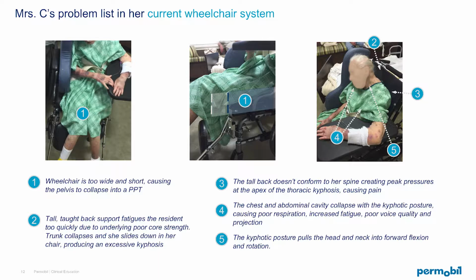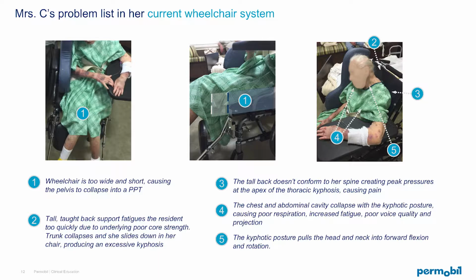The second issue has to do with the back support. I always talk in my courses about the importance of measuring for the appropriate width and especially the appropriate height of a back support when you're trying to achieve optimal stability. The measurement should be that you get them on the mat table and measure from the top of the mat table to the top of the shoulder. Yet this back support, and you can see that right here in this picture, is a good 6 inches above her shoulder.